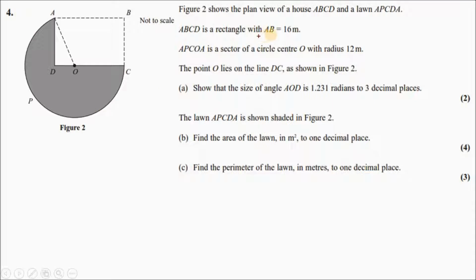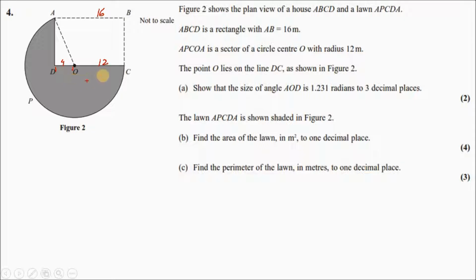ABCD is a rectangle with AB equal to 16. So AB is 16, and APCOA is a sector of a circle with center O and radius 12 meters. So with center O, this is 12. If this is 12, clearly this is 4. It should be 4, the DO. That's how I figure out 16 minus 12, 4.